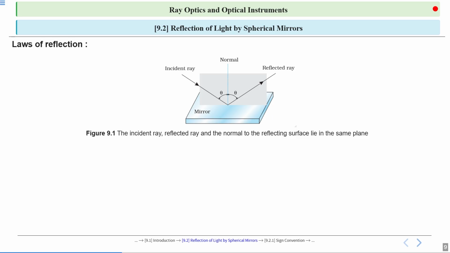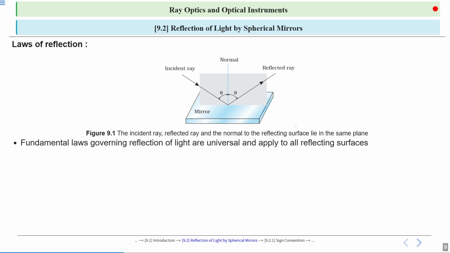The incident ray, reflected ray, and normal are shown. The normal is the perpendicular line on the mirror, perpendicular to the plane of the mirror. The angle of incidence is the angle between the incident ray and normal. The angle of reflection is the angle between the normal and reflected ray.